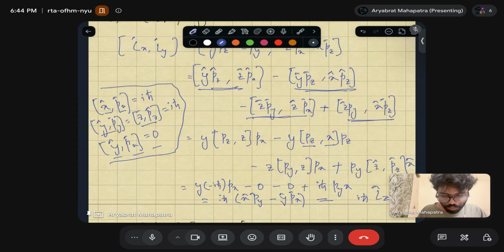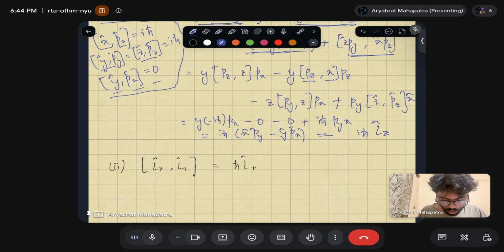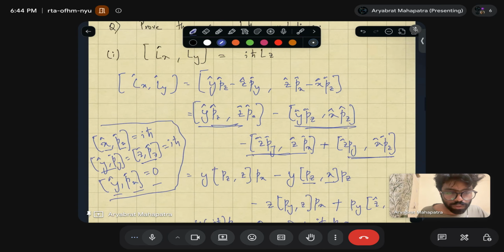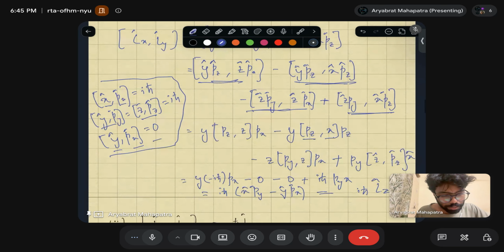Then here we'll talk about ladder operators. If there is no question anymore, we can go forward, or if you want to ask anything, please let me know.